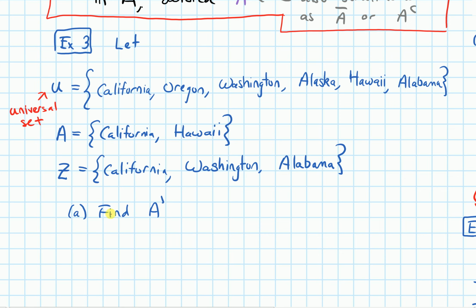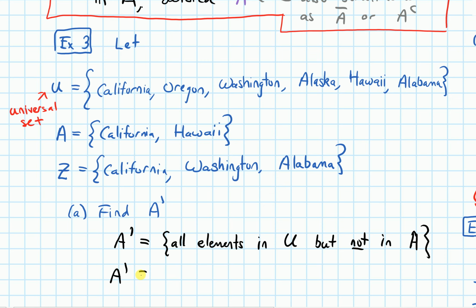And part A asks to find the complement of A. So let's recall that the complement of A with this apostrophe, it's the set that contains all the elements that are in U, the universal set, but not in A. So the complement is a way to describe all the elements that are not in A, but still within our big universal set. Alrighty, so what are all the things that are in the universal set but not in A?